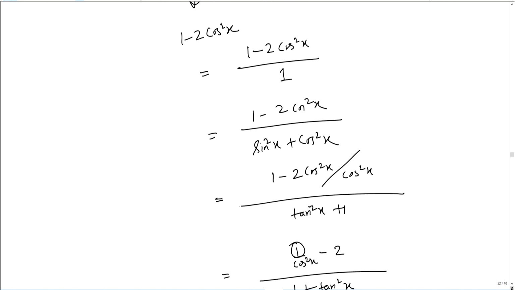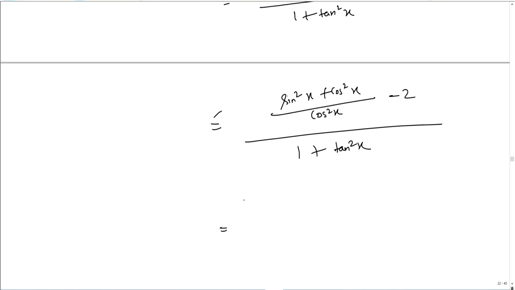What will this do? Because of this, in the numerator you will get tan square x plus 1. So, this is tan square x plus 1 minus 2, divided by 1 plus tan square x.